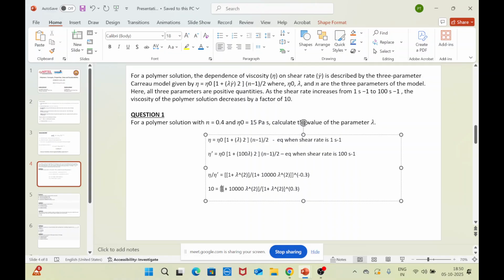I have just inverted the sign because we are switching the numerator and denominator, so that is the reason I have changed the sign from minus 0.3 to plus 0.3. So 10 to the power 1 by 0.3.